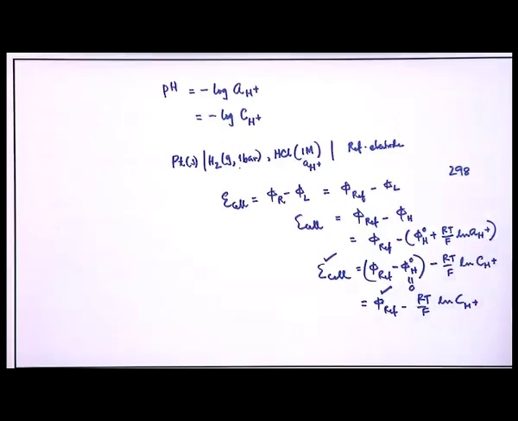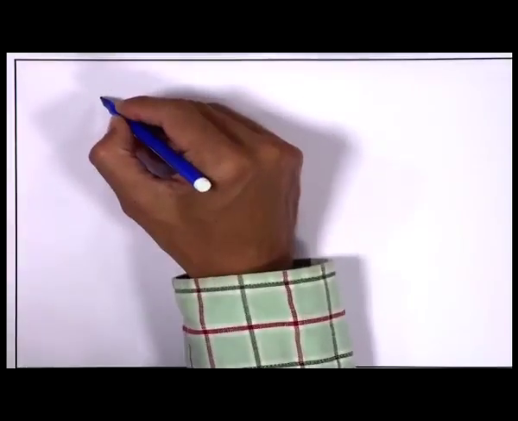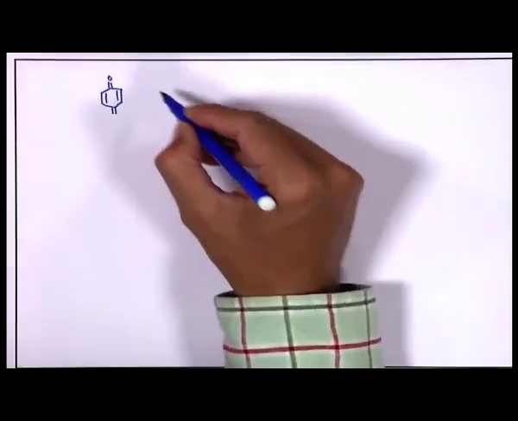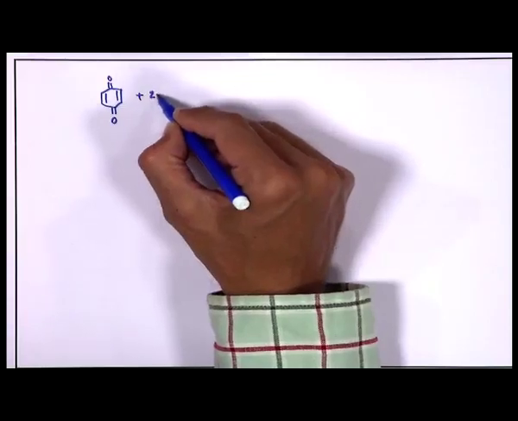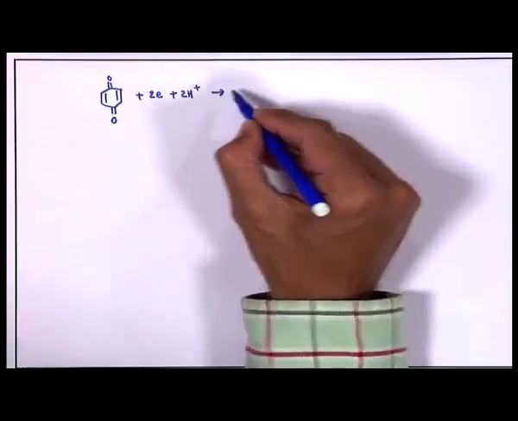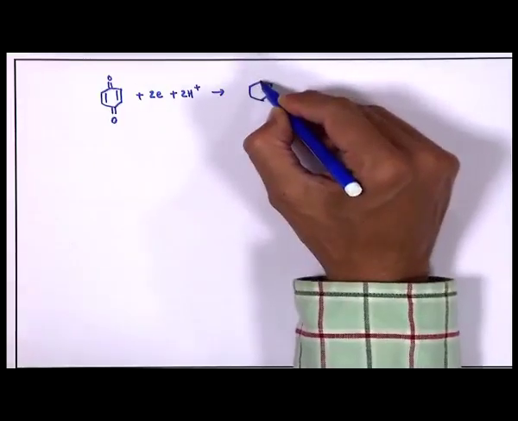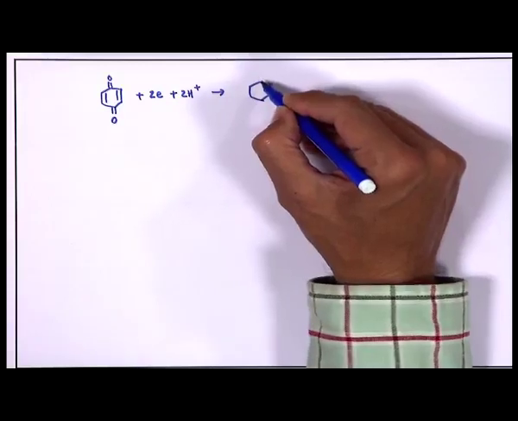Like another is this quinone hydroquinone system, where quinone is this, plus 2 electron plus 2 H plus, this gets you hydroquinone.